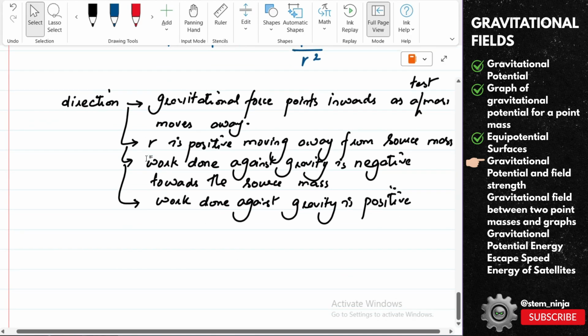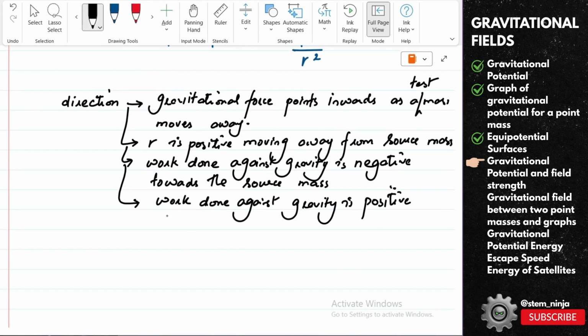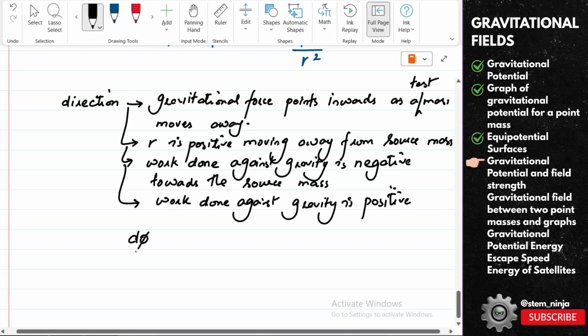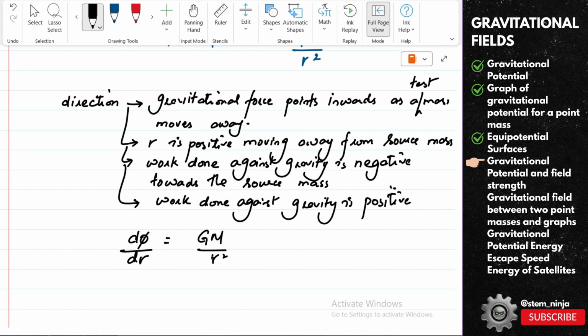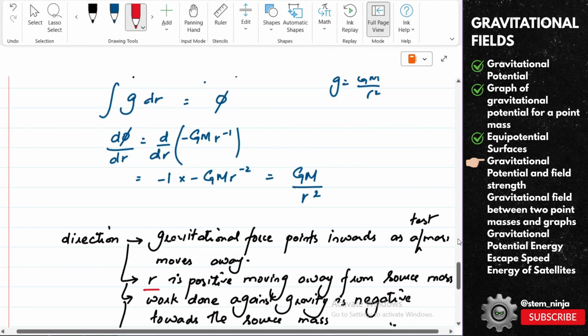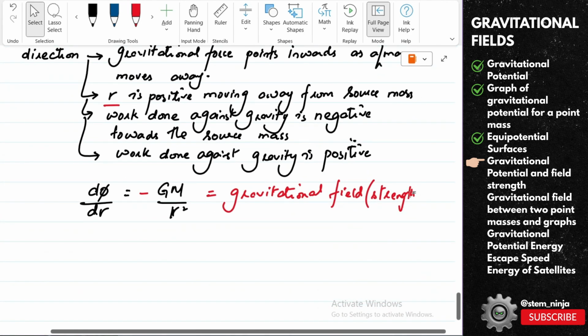So the conclusion is that the direction over here matters quite a lot. When we get the d phi over dr, we are getting the GM over r squared, but the phi that we calculated was in the direction of the gravitational force. But r is positive away from the source mass, so we will apply a negative sign, and this is the gravitational field strength.